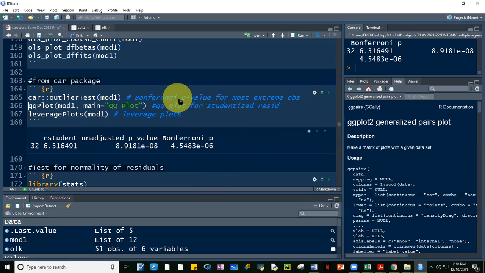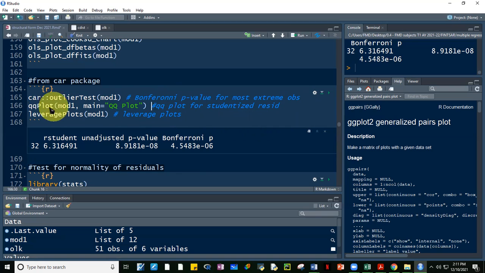But again, guys, outliers are okay. What's important is outliers that are influential, because not all outliers are influential. All influential points are outliers, but the reverse is not true. So one data point can be an outlier but not influential, but all influential data points are outliers.